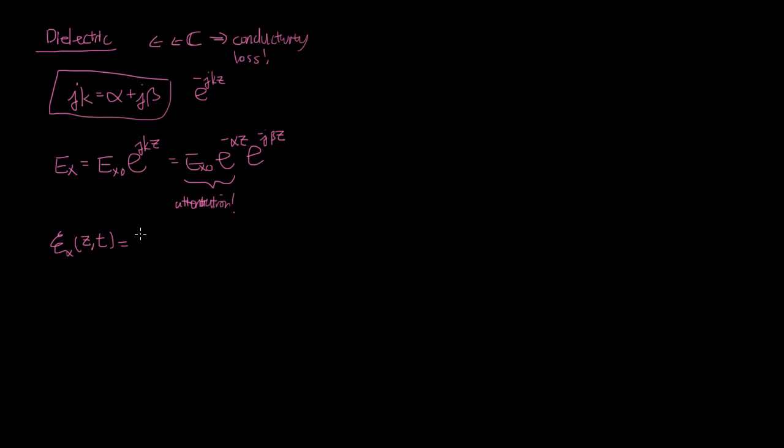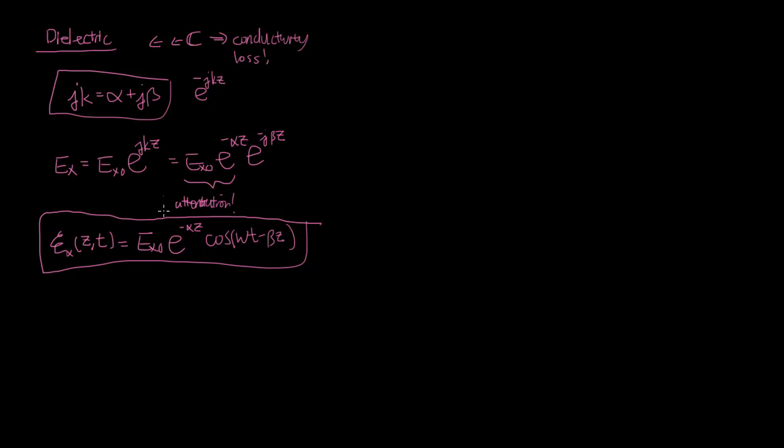Going through that process, you'll find that the instantaneous form is going to be Ex naught e to the minus alpha z times cosine of omega t minus beta z. So it's similar to the expression that we have for a propagating sinusoid. It's just that if you can write your jk as alpha plus j beta, you're going to find that alpha ends up being the rate of decay in your signal.